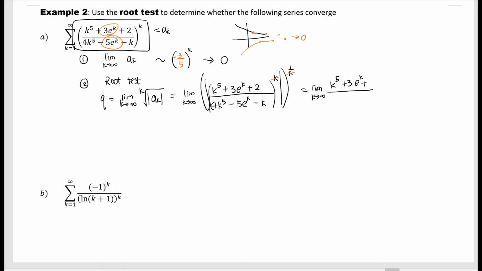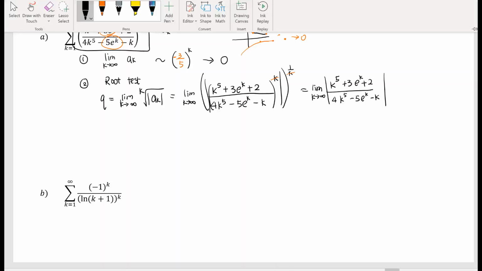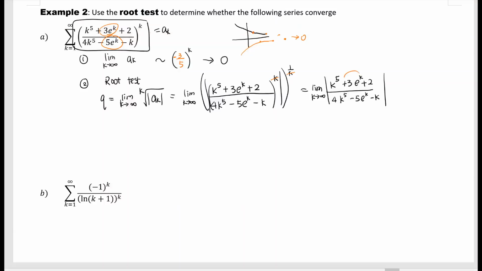Okay, so now which one is the dominant term? So the limit as k goes to infinity, the dominant term of numerator is 3 e to the k.